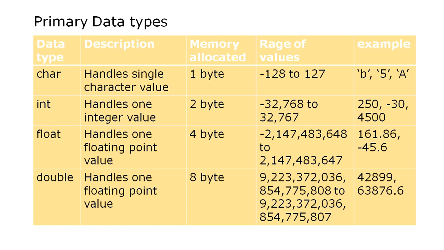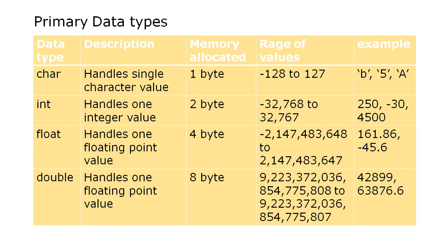The int data type handles one integer value. The memory allocated to it is 2 bytes.